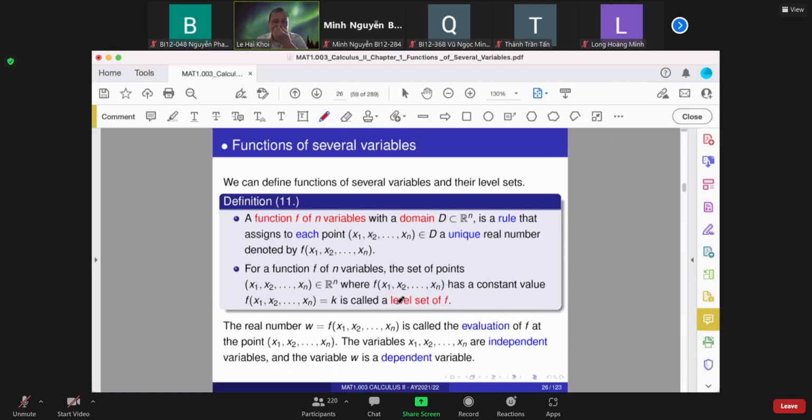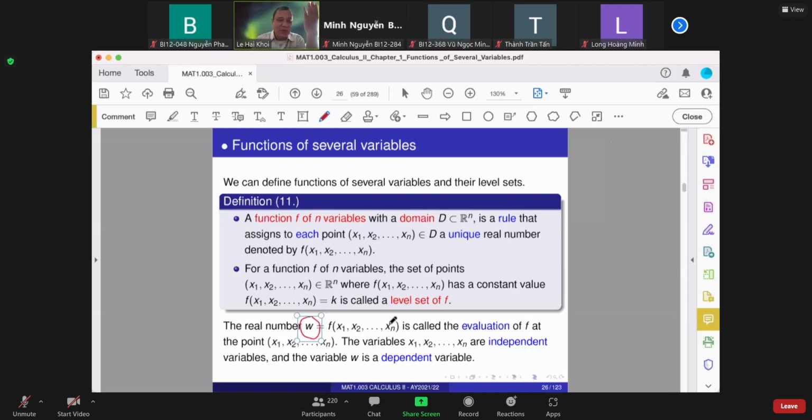Of course, we can now use any letters, even y, z, but it is better not to use y and z. We use w because y and z can be confusing when n equals 2 or n equals 3. So for any n, we write w = f(x1, x2, ..., xn).